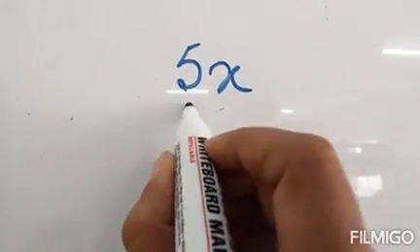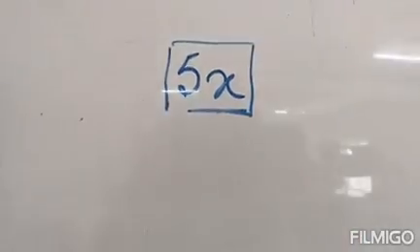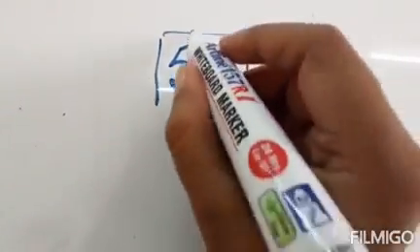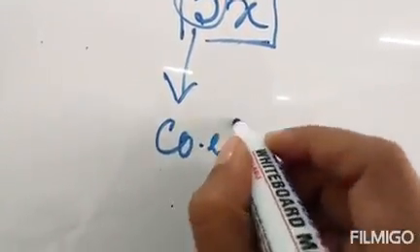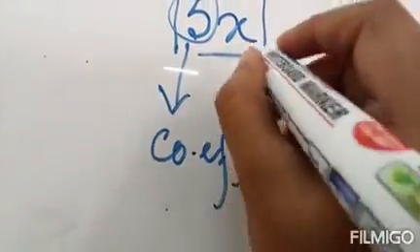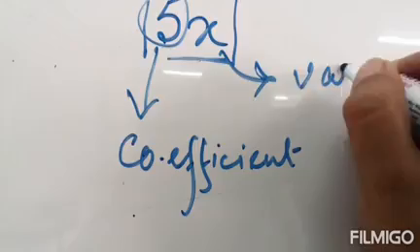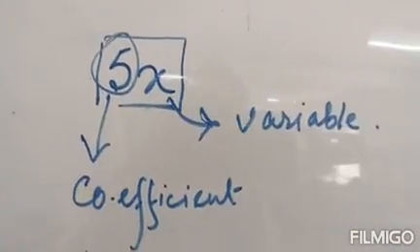Now see, this is a term. This is a term. Now this is the coefficient, right? This is the coefficient, and this is the variable, that you have already studied in class 9.